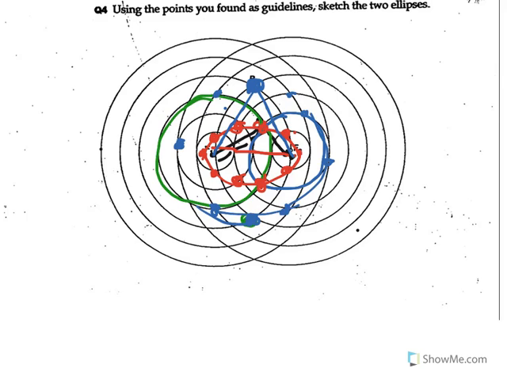This one looks more like a circle because its eccentricity is bigger. Okay, so those are 2 ellipses that you can make with this kind of funky graph paper with concentric circles.